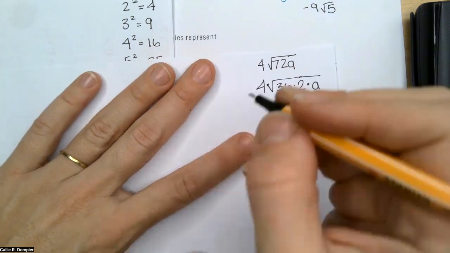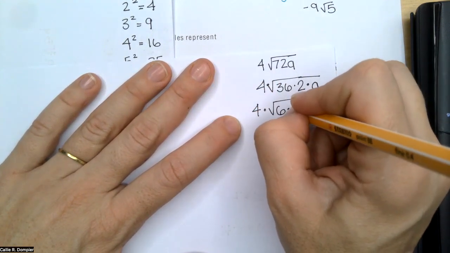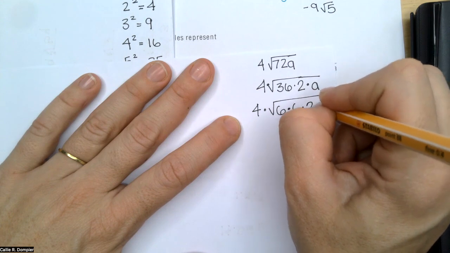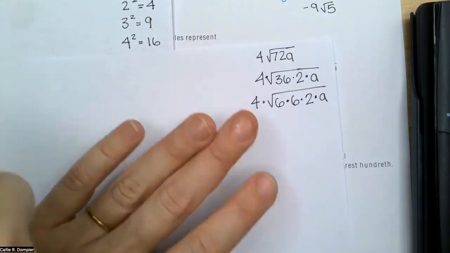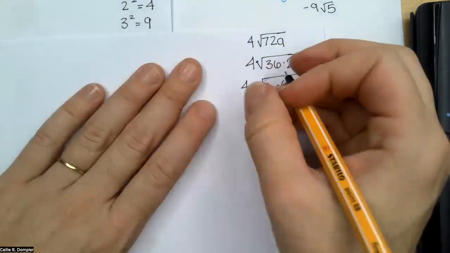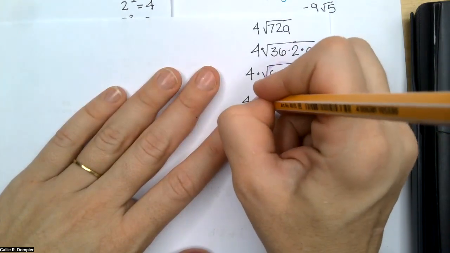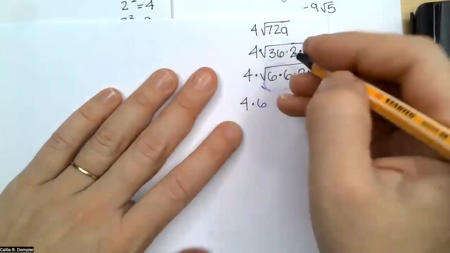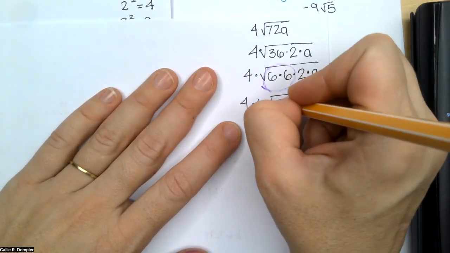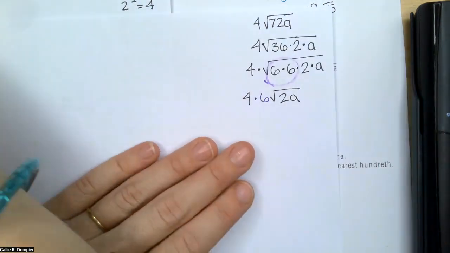We're multiplying all of this. So it's 4 times the square root of 6 times 6 times 2 times a, right? We have a pair of 6s, so they can come out. So now it's 4 times 6 times the square root of 2a. 4 times 6 is 24.